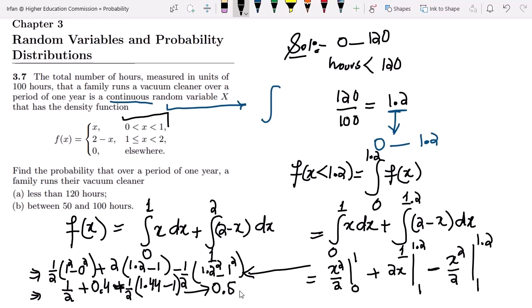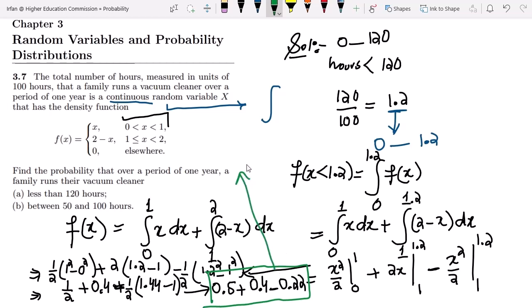So 0.5 plus 0.4, and from it I have to subtract 0.5 multiplied by 0.44. Getting it, this would be 0.22. So now we have these values.